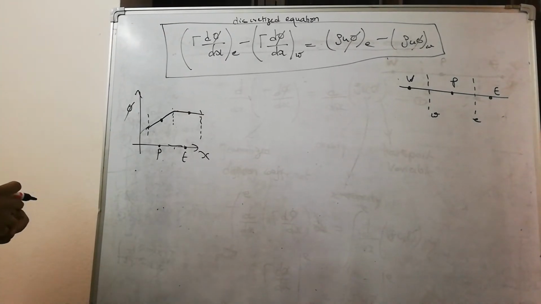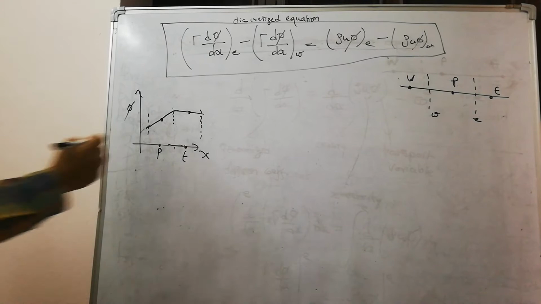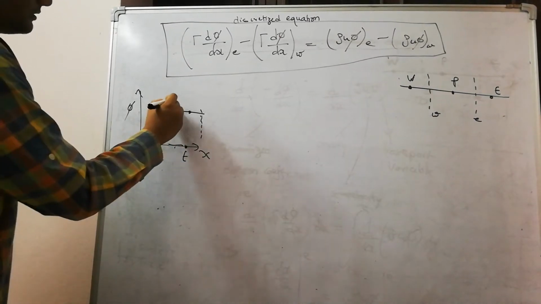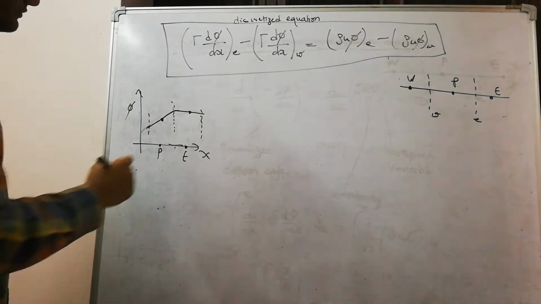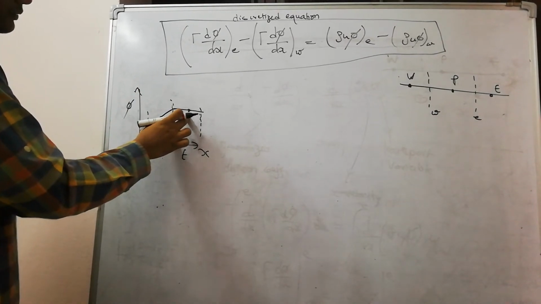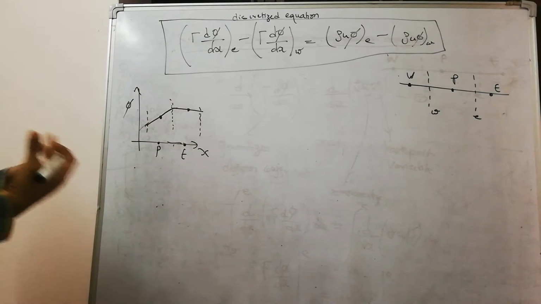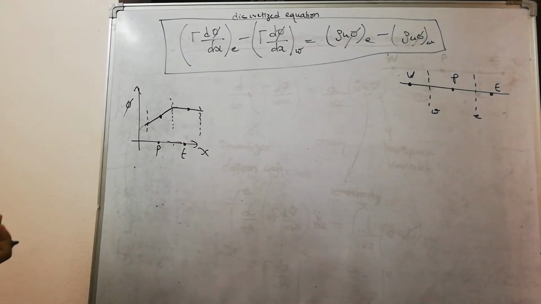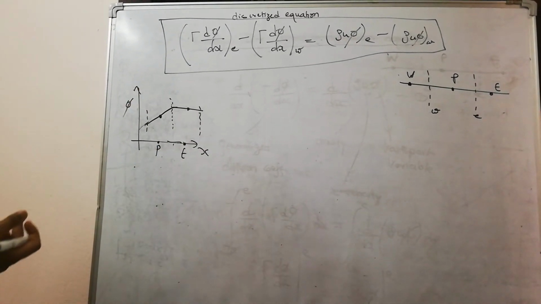It could be my initial guess value. In the last class, what we did was find the slope at this location. We can simply do y2 minus y1 by x2 minus x1, invoke the equation of slope of the straight line, and get the slope here.